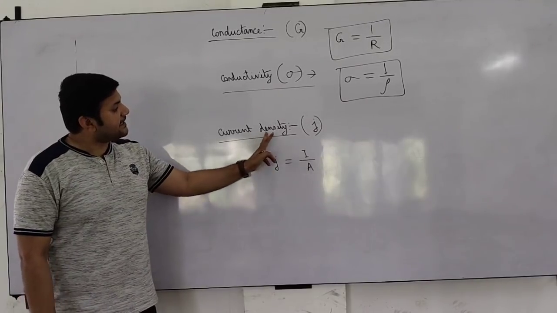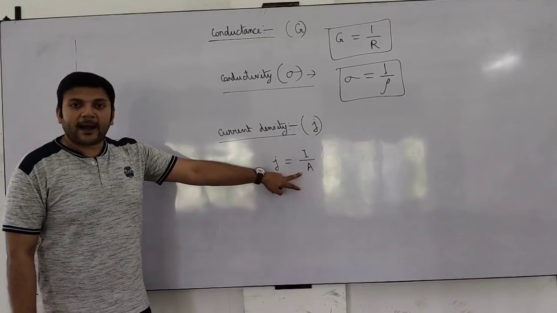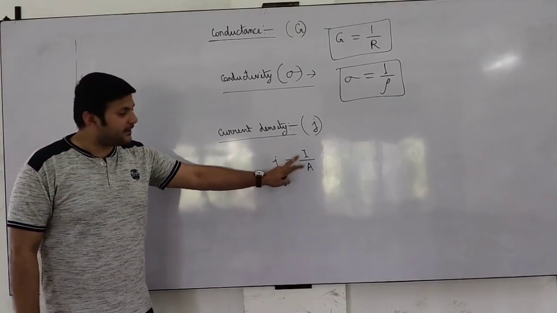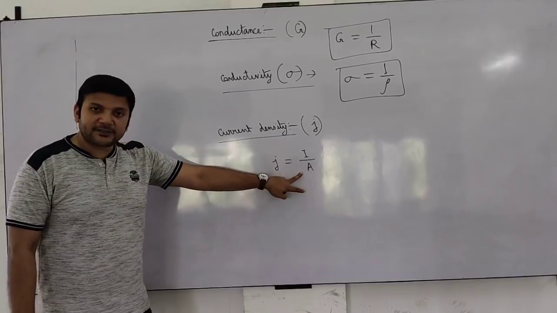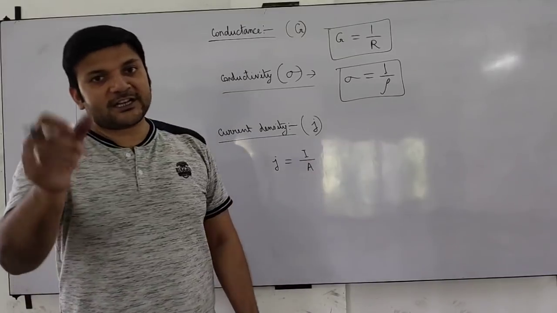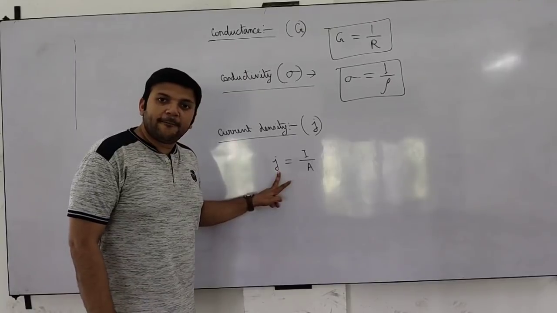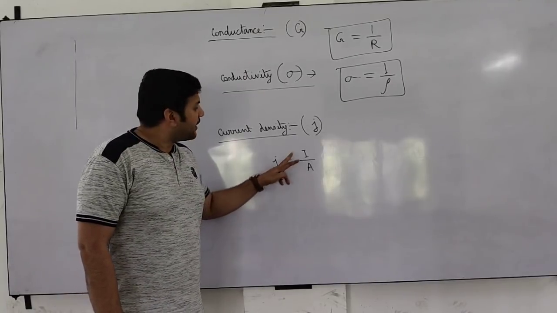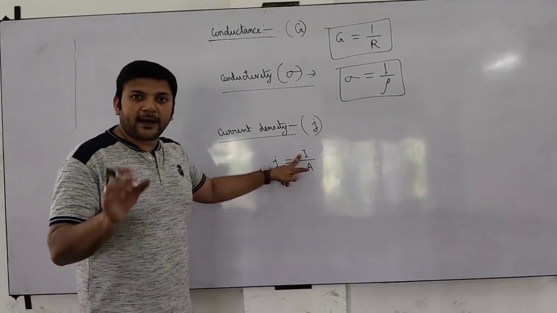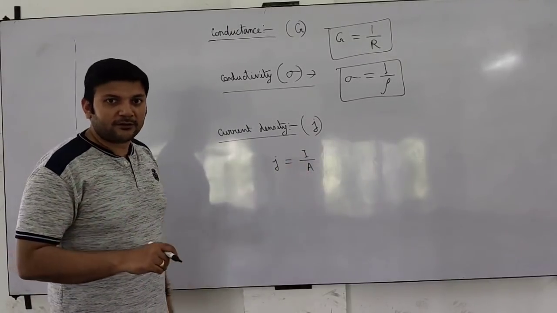So current density may be defined as the current per unit area of cross section of a conductor.